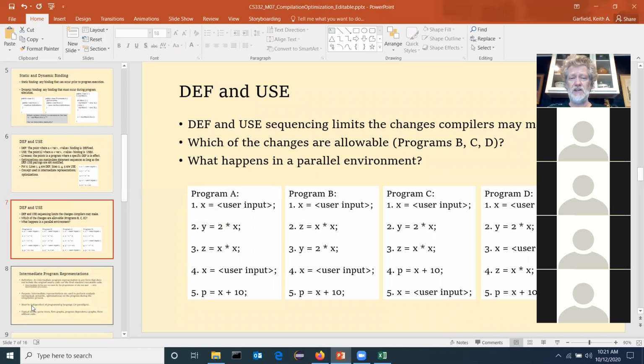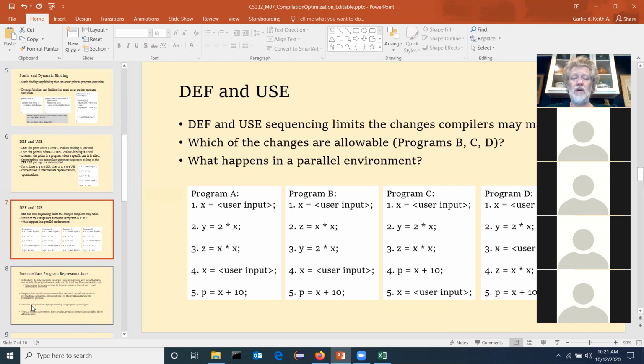Yeah, so here's some examples. Def and use sequences changes are limiting what the compiler can do. So for example, program A, that's the original program that we had. Program B, all I did is I swapped out statements 2 and 3. Are we allowed to do that? Do you think we would be allowed to do that?